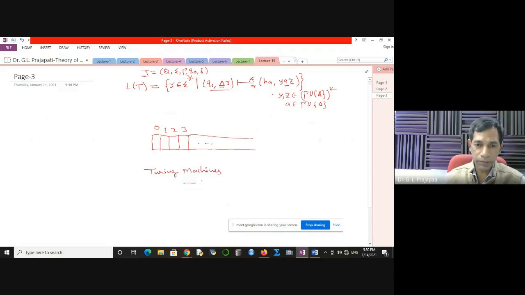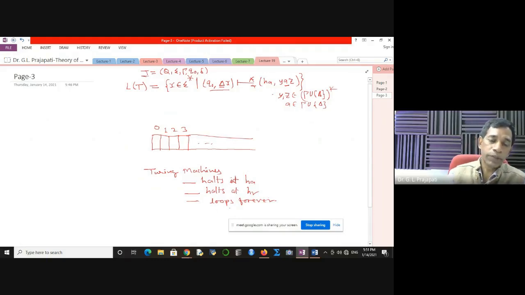The Turing machine halts at HA, or the Turing machine halts at the state HR, or it does not, meaning the Turing machine may loop forever. So these are the three situations with the Turing machine.